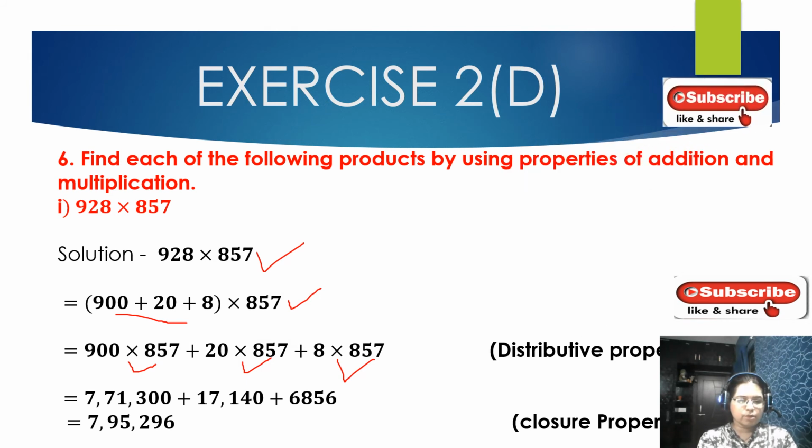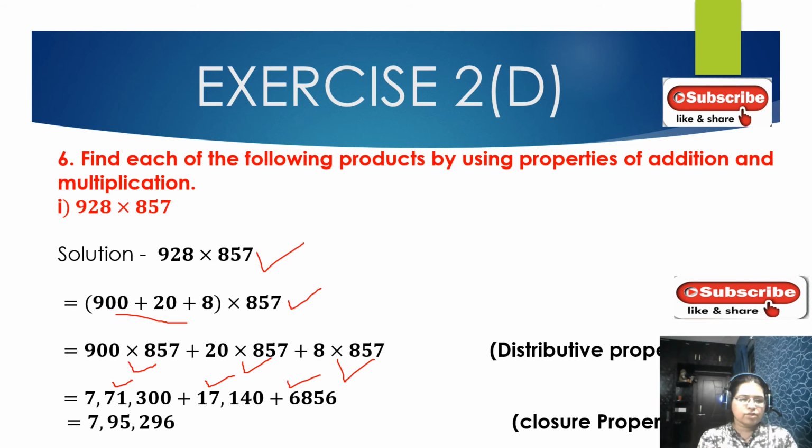Now 900 multiplied with 857, we get 7,71,300, and 20 multiplied with 857 is 17,140, and 8 multiplied with 857 we get 6,856. Now we add these numbers. 7,71,300 plus 17,140 plus 6,856.